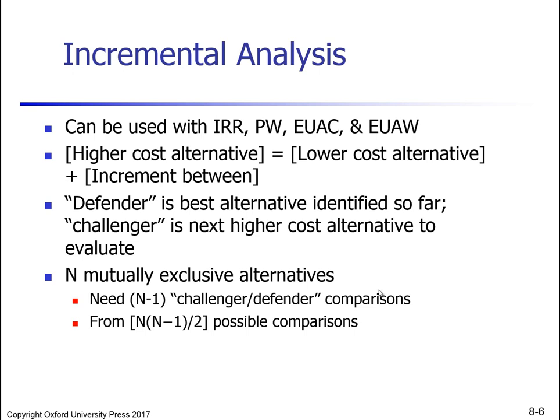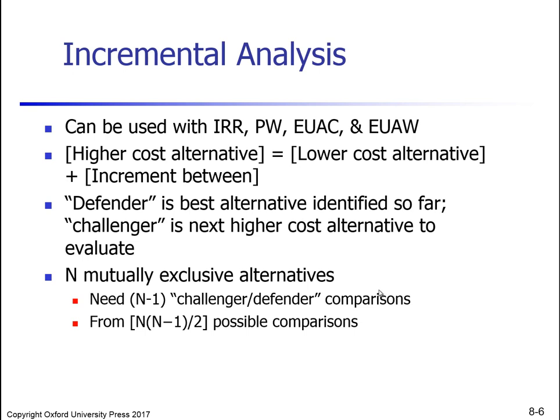This is what's known as a challenger-defender analysis. The defender is at that point the best yet identified alternative. So we'll start out generally with the lowest cost alternative and compare that against the do nothing choice. If that turns out to be better than doing nothing, we'll move on to the next least expensive alternative until we've gone through all of the comparisons.